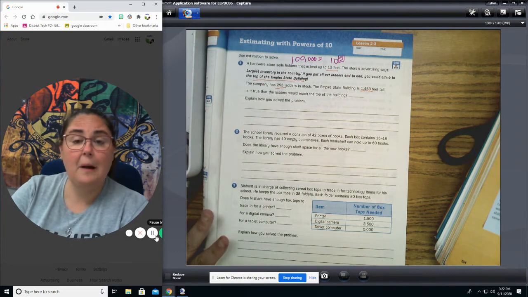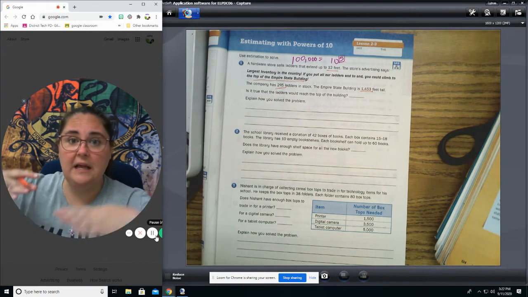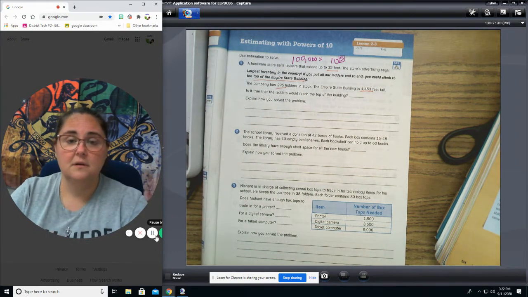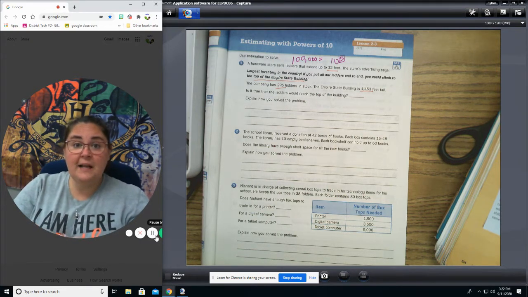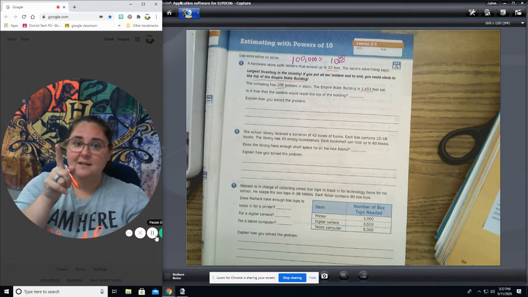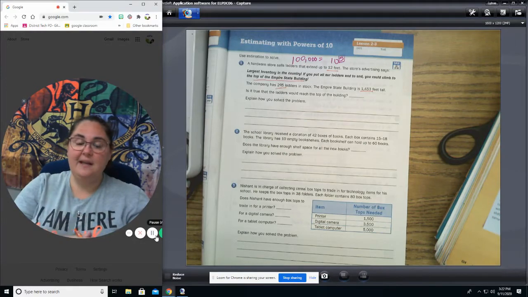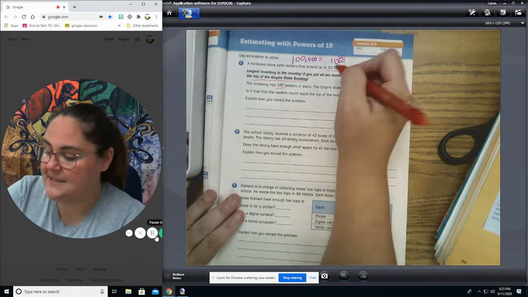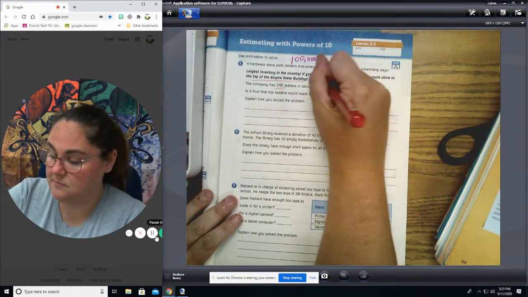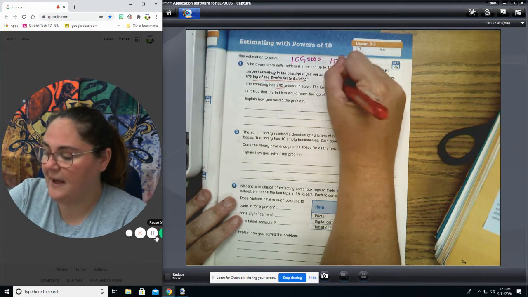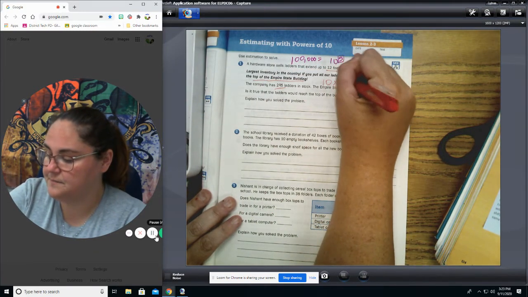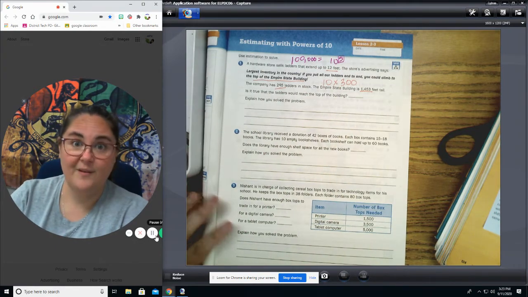The first thing we're going to do is figure out what we need to do. I need to figure out how big those ladders are if I put them end to end. So I'm going to multiply 295 times 12. That's a big number. It's hard for me to do. But I can use estimating to help me out. I could say 12 is close to 10. Right? 295 is close to 300. Right?